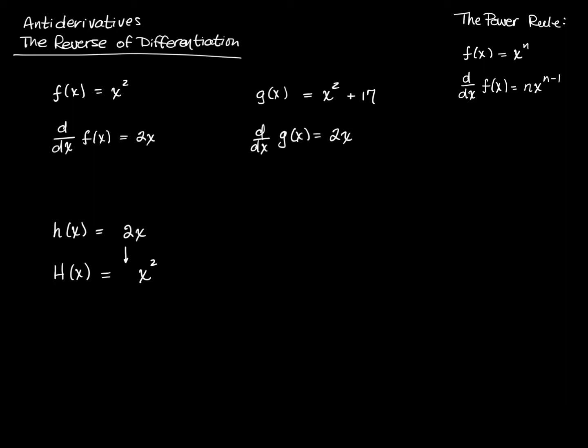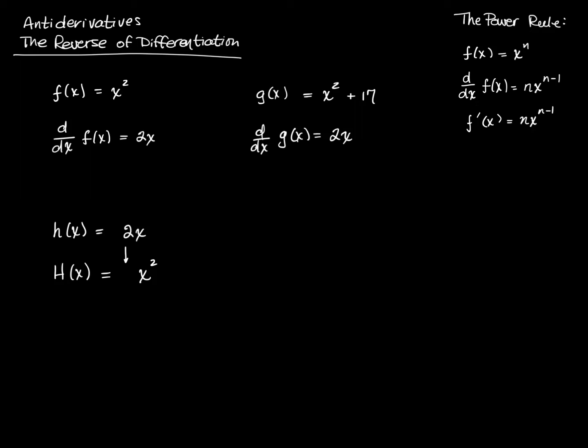Of course, we can also write this as f prime of x equals n times x to the power of n minus 1. Two things happen when we take the derivative of a polynomial term. One is that we bring the exponent down in front, and the other is that we subtract 1 from the old exponent, giving us a new exponent.